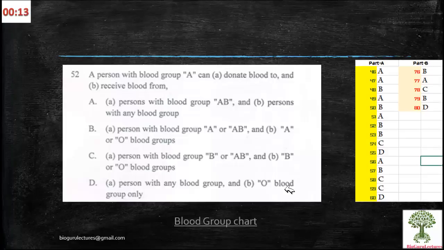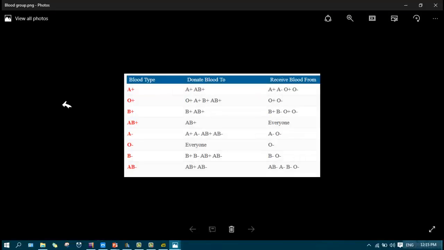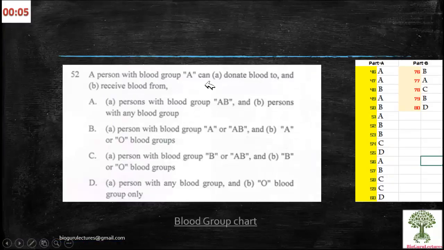First thing is you have to differentiate the blood group, antigens, antibodies, and whom should they supposed to donate. So like this, simply donate blood to, receive blood from, and here the question is A can donate blood to and B receive blood from.